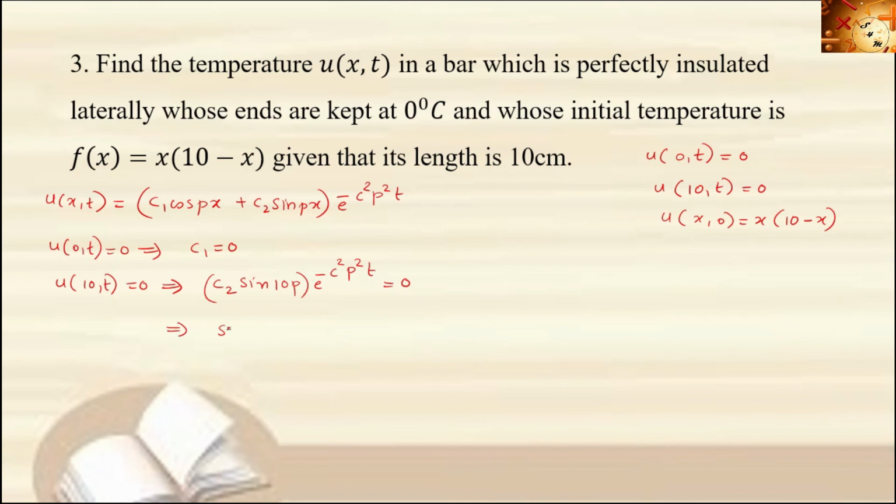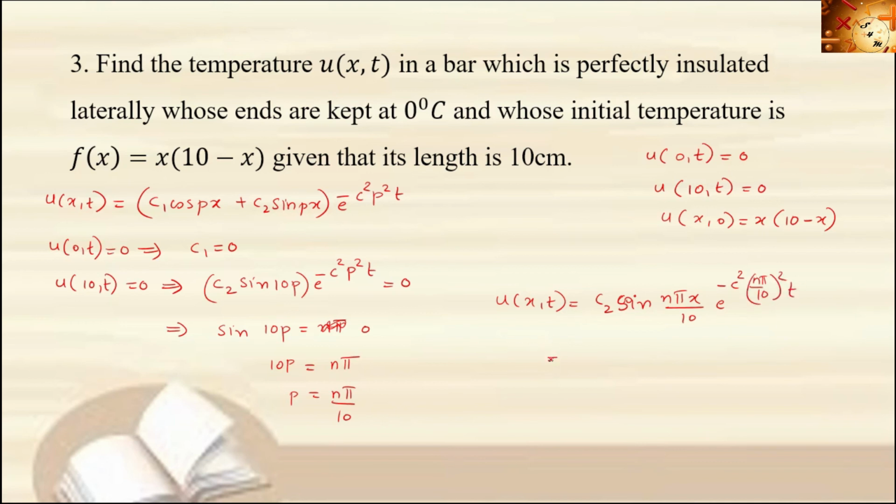This gives sin 10p is equal to 0, then 10p is equal to n pi. So p equal to n pi by 10. So the solution will be u of x,t is equal to c2 sin n pi x divided by 10 into e raised to minus c square, p replaced by n pi by 10 whole square, t.